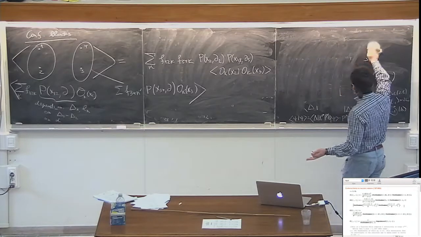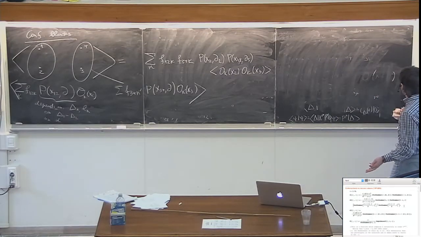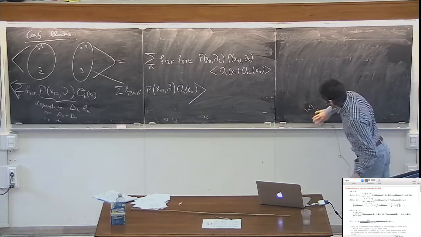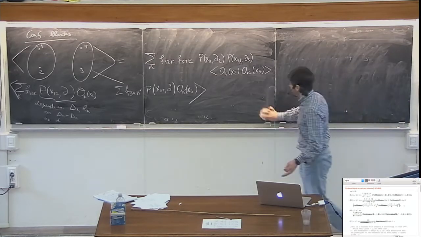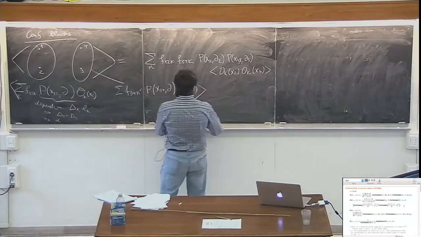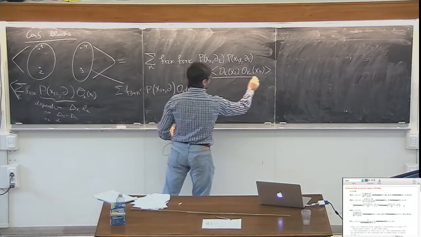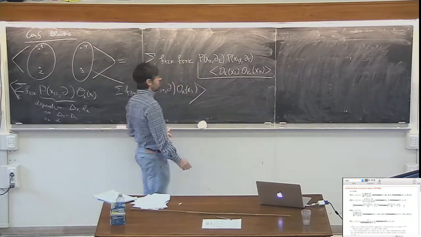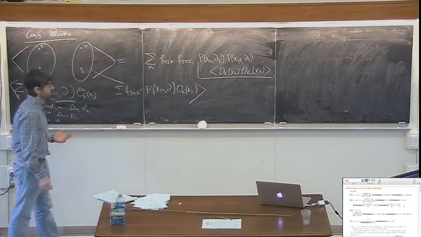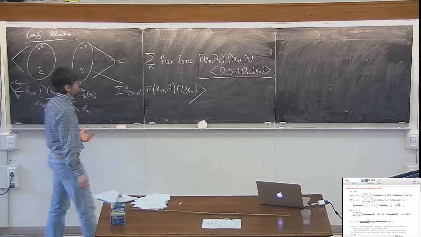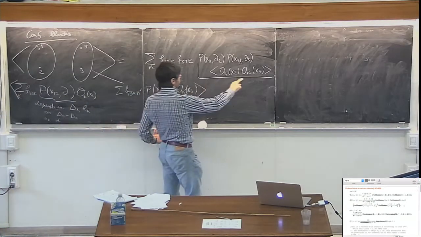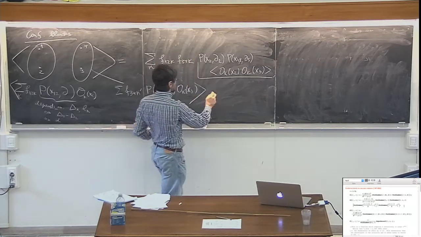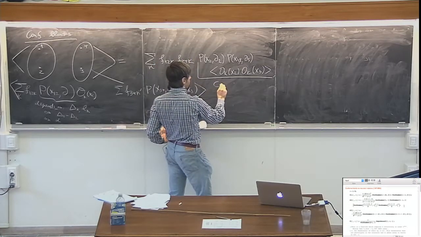But in order to use this in practice, you need to work a bit harder. What are these objects here? There's a bunch of information in this formula. This part depends only on conformal symmetry. Once you factor out the OPE coefficients, this term is called the conformal partial wave.